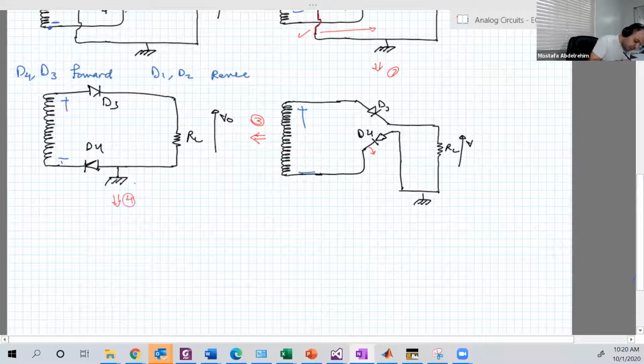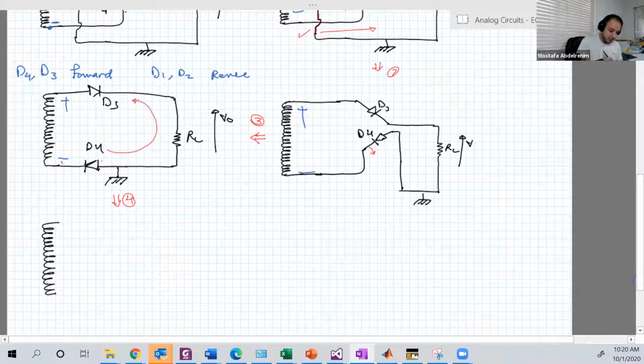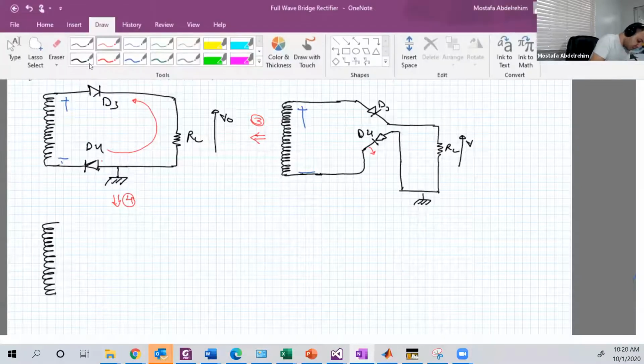So this is number 4 now, and the last one basically. What I'm going to do is move this D4 and bring it with D3 in the upper branch.